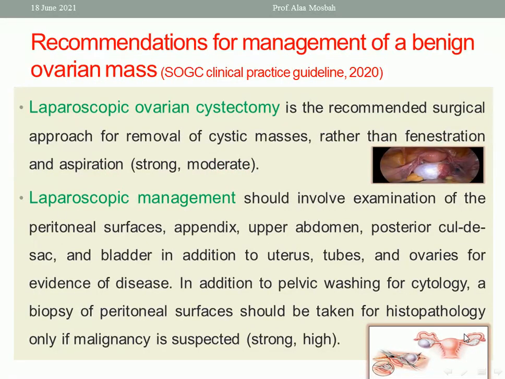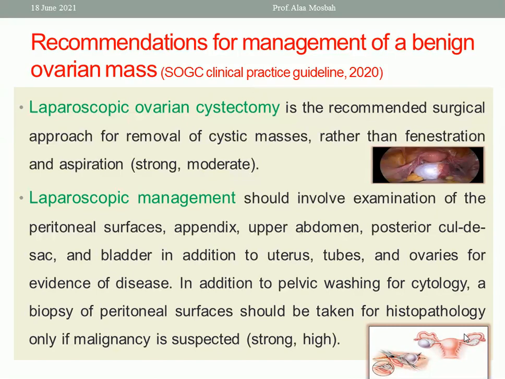Laparoscopic ovarian cystectomy is the recommended surgical approach for ovarian cystic mass rather than fenestration and aspiration. Of course, you should excise the cyst, not just aspirate or fenestrate it. You should do excision of the cyst. Why? Because otherwise it will be recollected again and the cyst will recur.